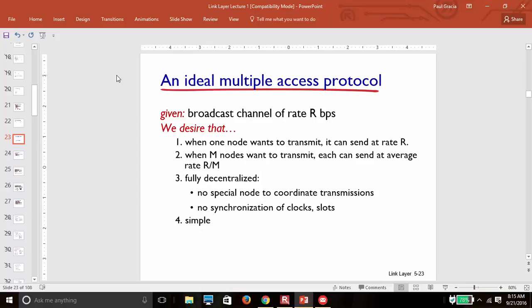This ideal protocol would be very efficient. It would be fully decentralized, with no special node to coordinate transmissions that might fail. There's no synchronization of clocks or slots, which adds overhead and decreases overall reliability if there's a clock synchronization problem. And it is overall very simple. Of course, a simple protocol is an efficient protocol.